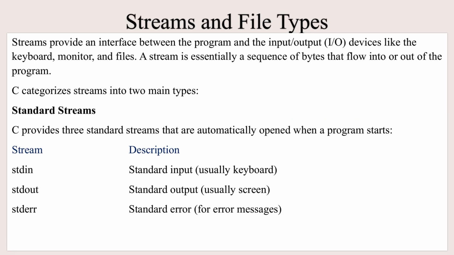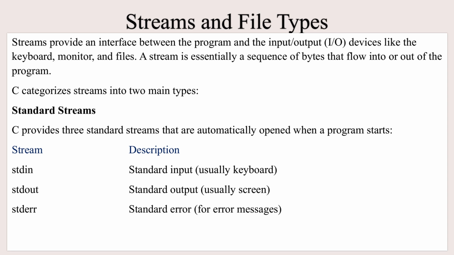Streams and file types. Streams provide an interface between the program and input-output devices like the keyboard, monitor, and files. A stream is a sequence of bytes that flow into or out of the program. We categorize streams into two main types.